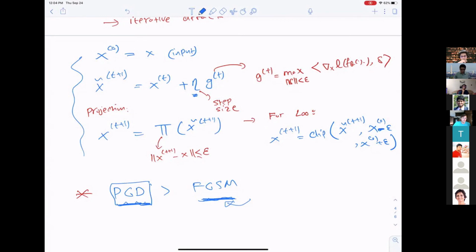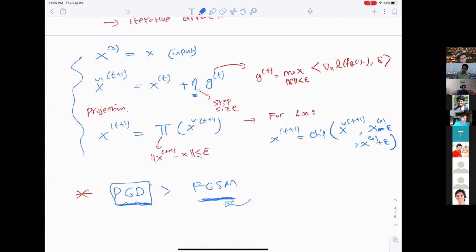Let me pause and see what questions we have. I think there are some questions about targeted and untargeted attacks. Depending on the loss function that you have, all of these techniques can be used for either of them, right?